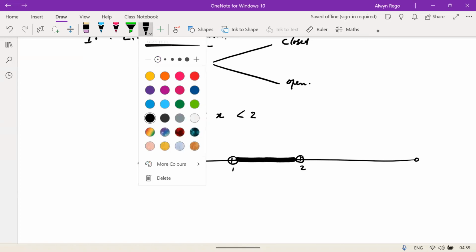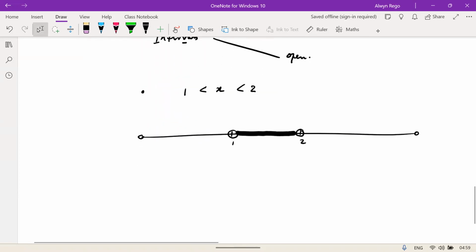This indicates all the values between 1 and 2, infinitely many values between 1 and 2, not including 1 and 2. This is negative infinity, and this is positive infinity. So we write this one as x belongs to open 1 and 2, 1 comma 2.